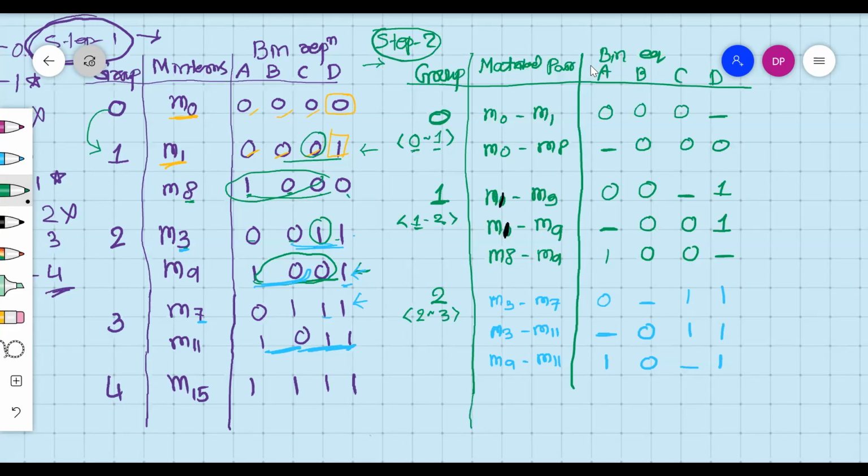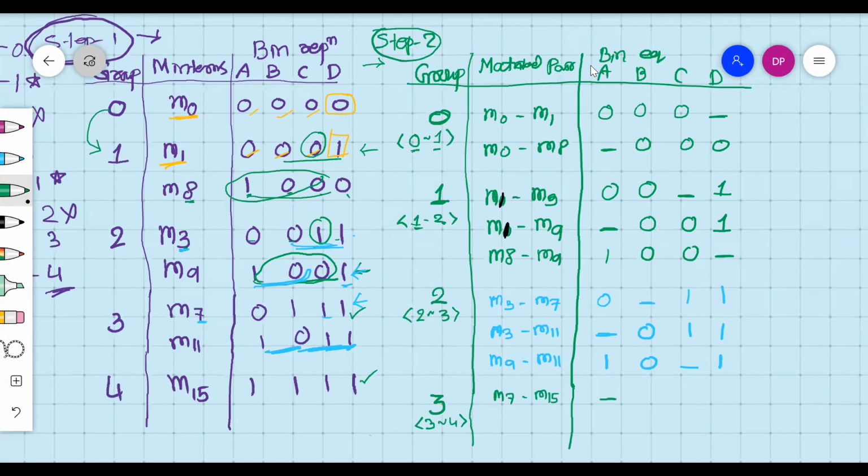Now let's make the last comparison. We'll have group 3 of the second. So it will compare 3 of first with 4 of first. So M7, M15. Okay, M7, M15. So it's making a pair, right? M7 matched pair, M7 and M15.